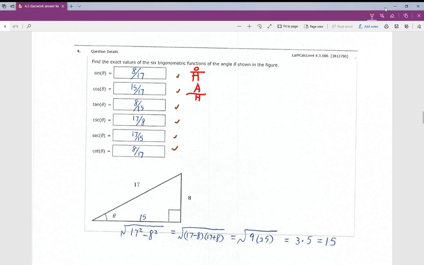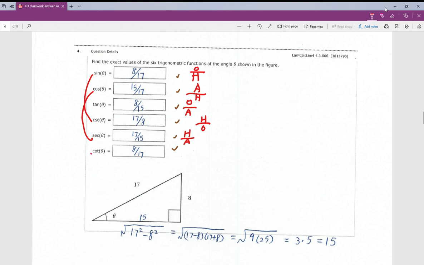And the tangent will be opposite over adjacent. Then cosecant will be the reciprocal of sine, so you just make it upside down. Secant is the reciprocal of cosine, so you make this one upside down, H over A.